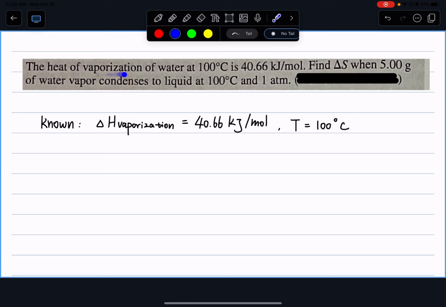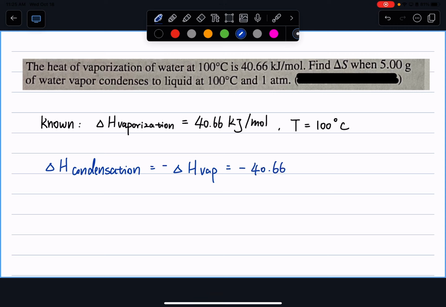So it gives you the heat of vaporization, and it asks you to find the delta S of condensation. One of the things we can use is delta H condensation equals negative delta H vaporization equals negative 40.66 kilojoules per mole.